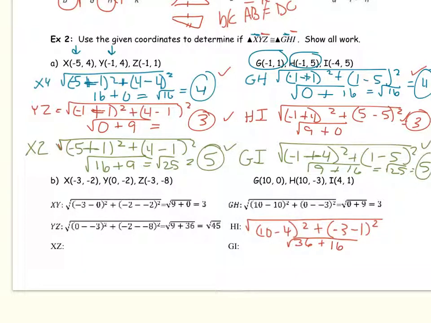So I should have a 16 there, and that equals radical 52. And right there I can say, this side is different than this side. So no, it's not a triangle. That's congruent.